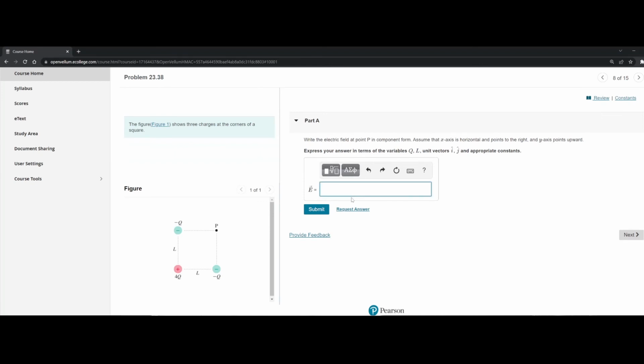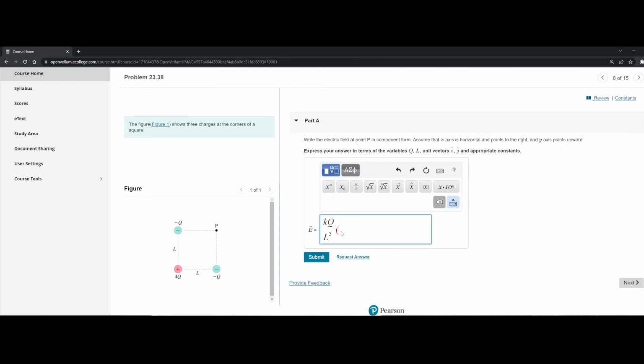Okay. Let me write it down again. kq over L squared, and this is gonna be multiplied by square root of 2 minus 1 and the i component, plus kq divided by L squared multiplied by square root of 2 minus 1, j component.